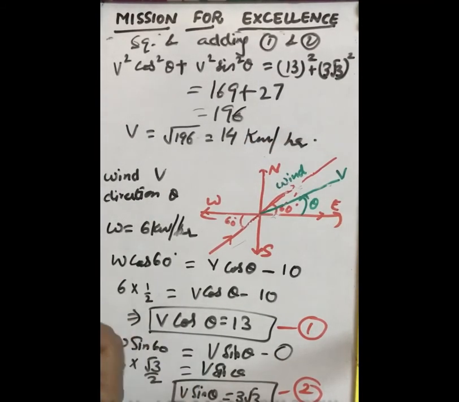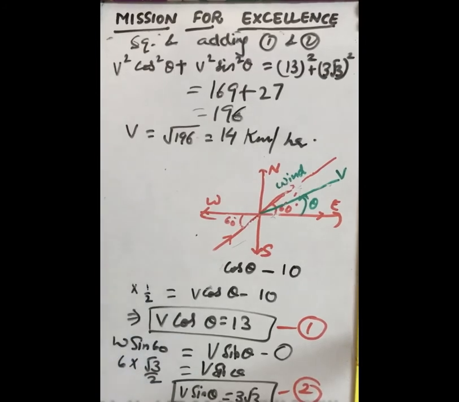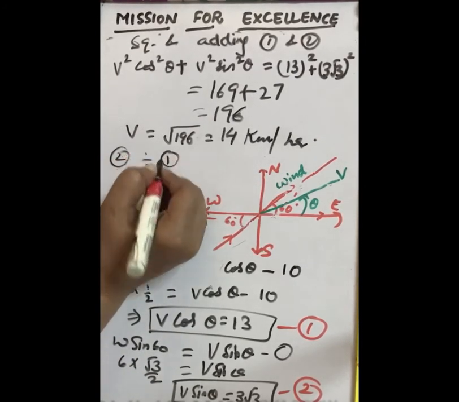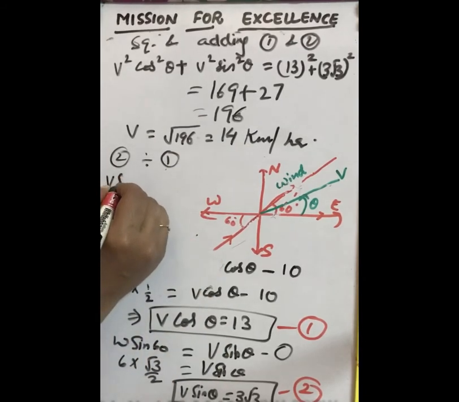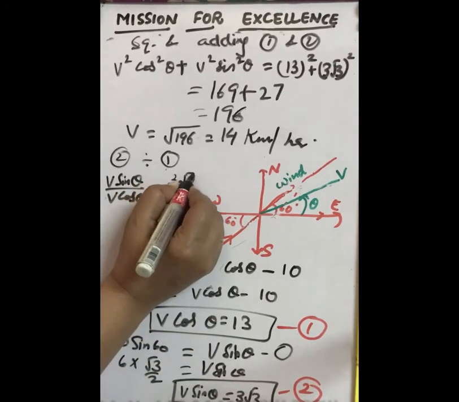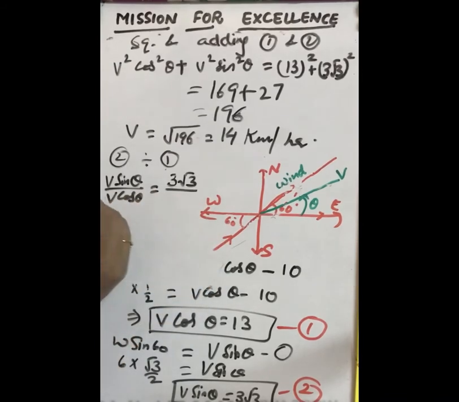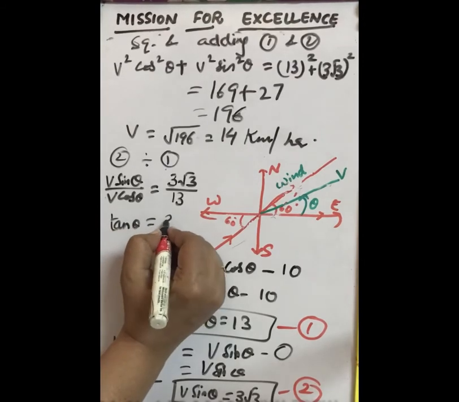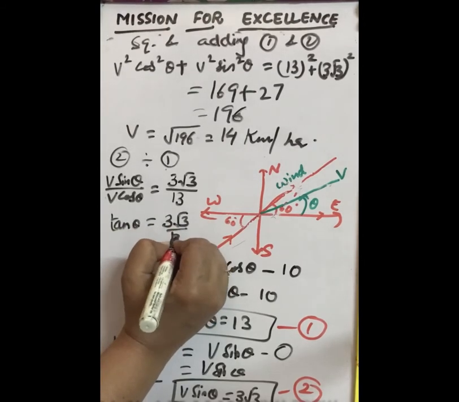Now let us find the direction of the wind. Let us divide equation 2 by equation 1. So we have v sin theta divided by v cos theta. v sin theta is 3 root 3 and v cos theta is 13. So now this v is cancelled. We have tangent theta equal to 3 root 3 by 13.